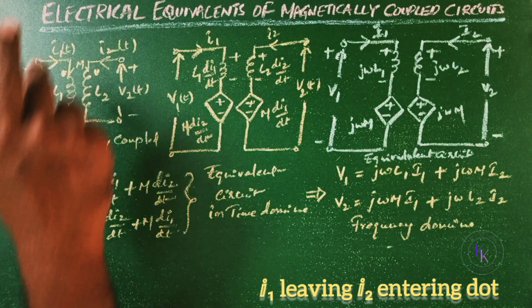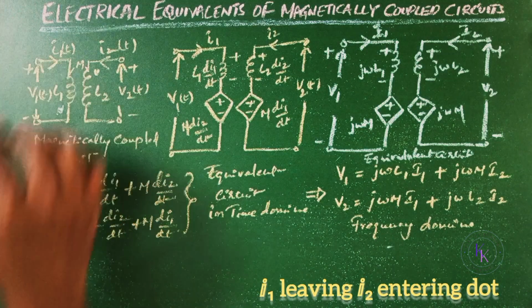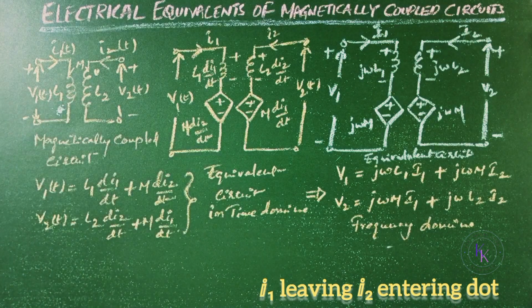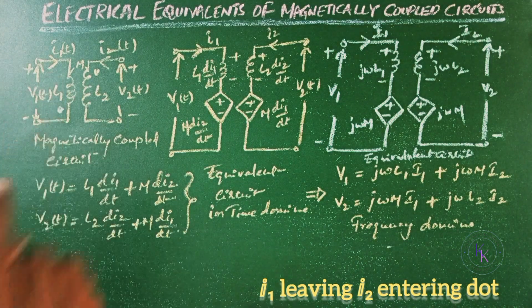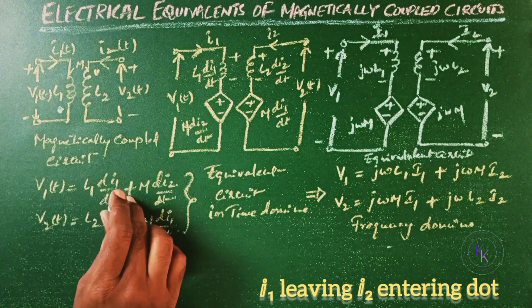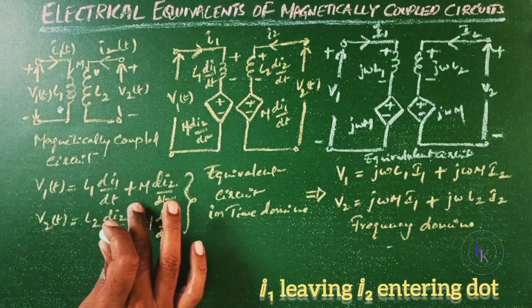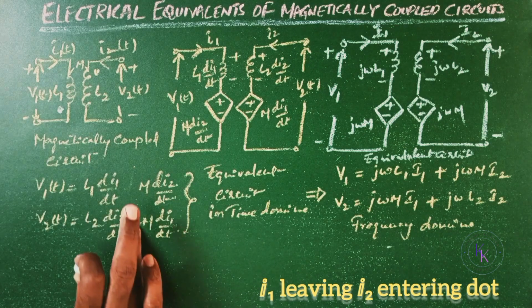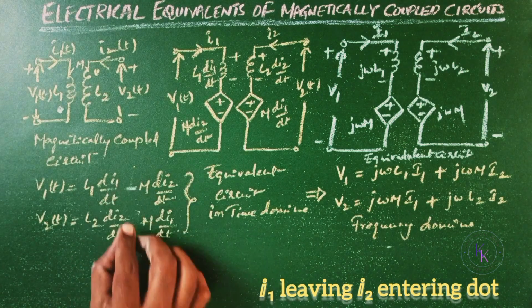Now let us shift this dot from here to here. Then we can observe that I1 is leaving the dot, whereas I2 is entering the dot. From the dot convention, the mutual flux M now becomes negative. So in the loop equations, the second term which belongs to M will become negative.